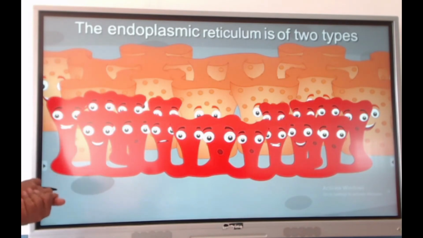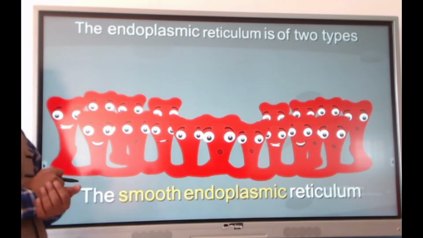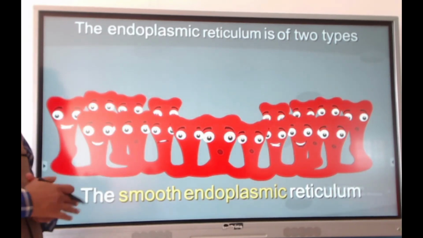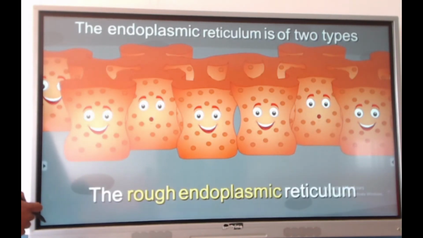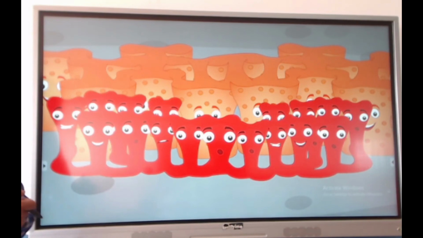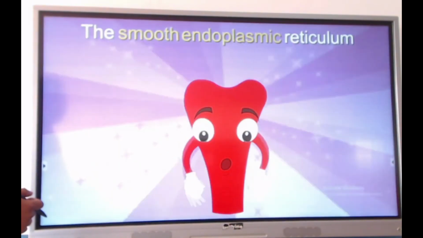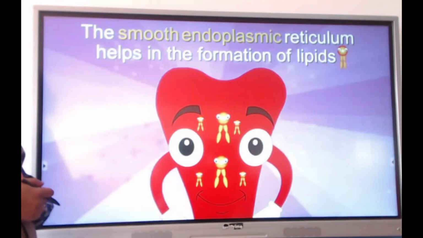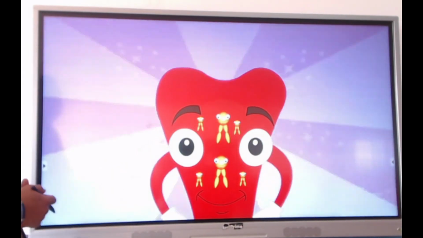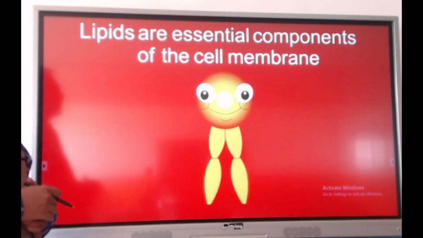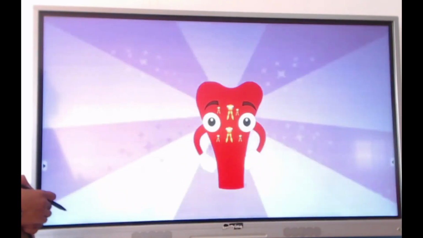Now, endoplasmic reticulum is of two types. One is the smooth endoplasmic reticulum, another one is the rough endoplasmic reticulum. So, here the smooth endoplasmic reticulum is synthesizing lipids in the body. The lipid is badly required, it is essential.